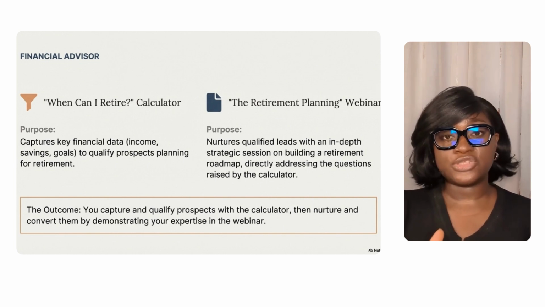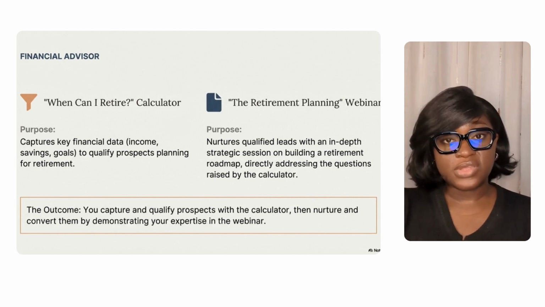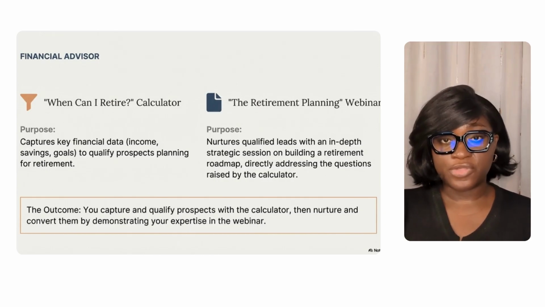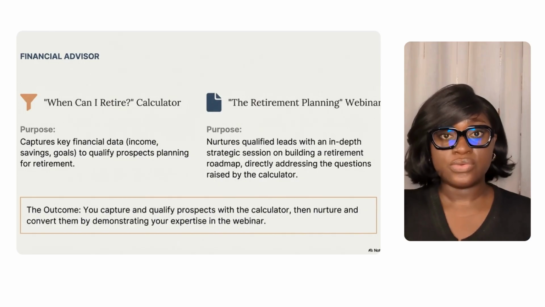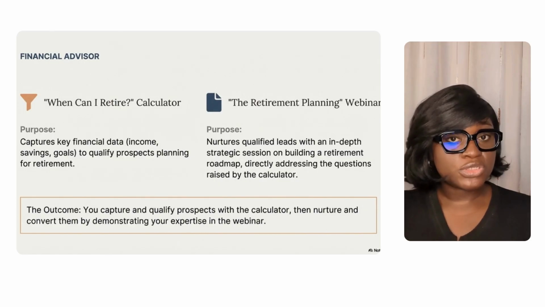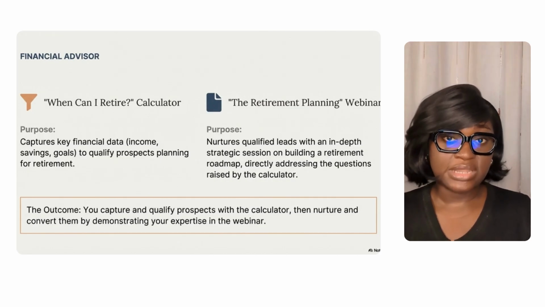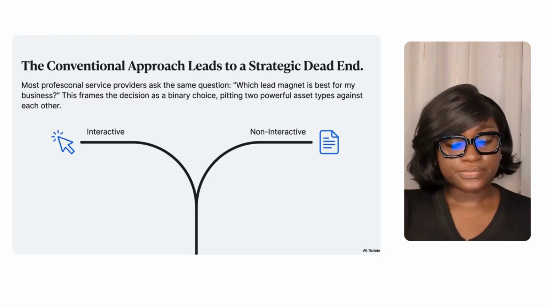How can we streamline it to make sure that it is serving the target audience, it is solving a pain for them, it's giving them immediate value, and most importantly, it also ties to the service that we're selling with that particular sales funnel.